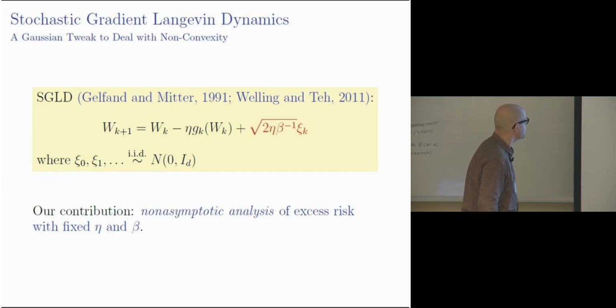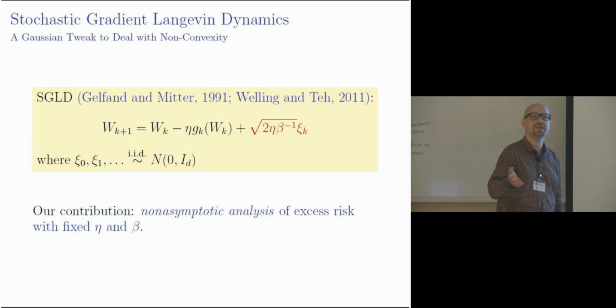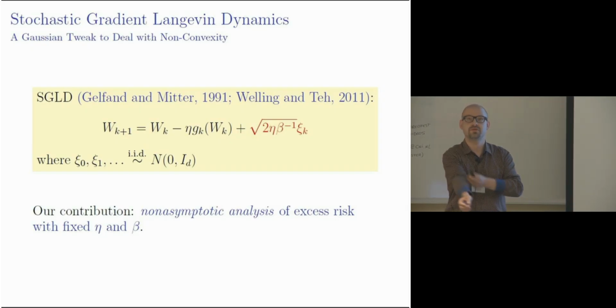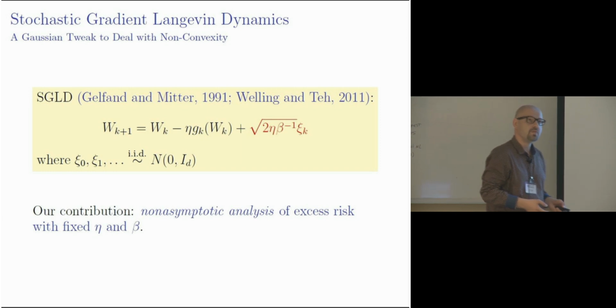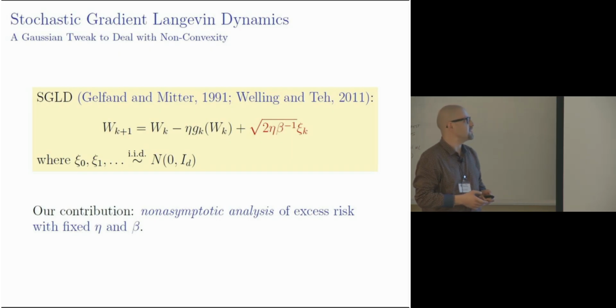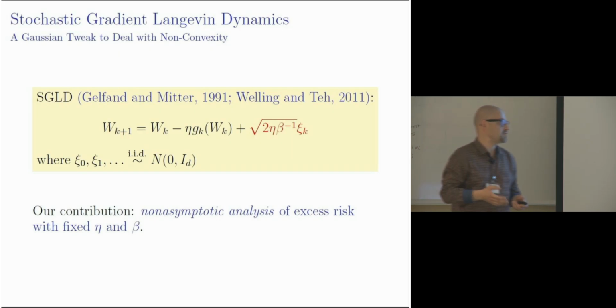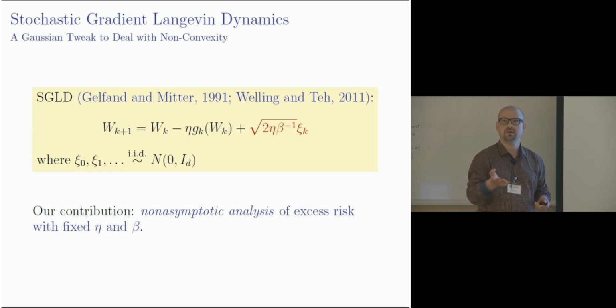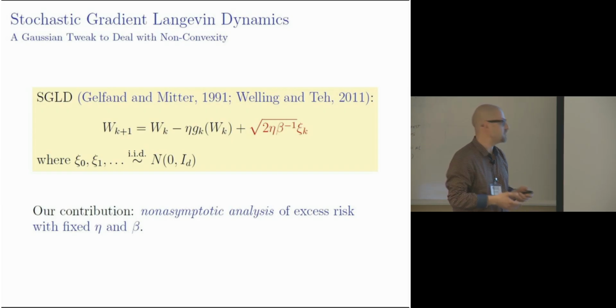So stochastic gradient Langevin dynamics was actually proposed in the late 80s, before Roberts and Tweedie, who introduced it in the context of Bayesian optimization. In the context of optimizing non-convex objectives, it was introduced by Geman and Hwang and Gidas, and then analyzed theoretically for the first time by Gelfand and Mitter with an annealing schedule where the temperature is gradually decreased.